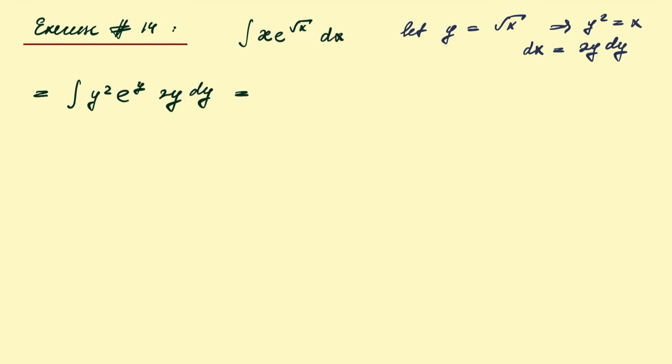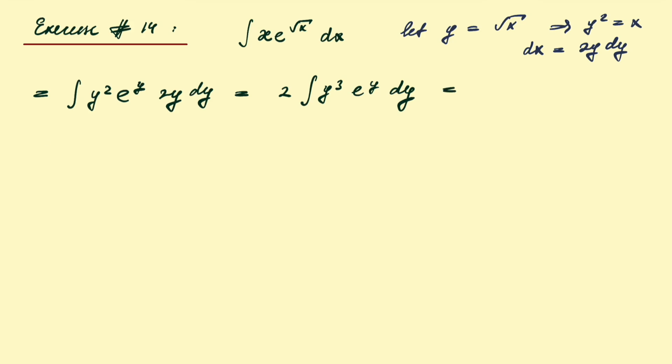So in the end we are left with 2 times the integral of y cubed e to the y dy. Now this is a kind of standard integral, where we have a polynomial function of some degree and an exponential function. We will apply integration by parts here multiple times, I believe 3 times.